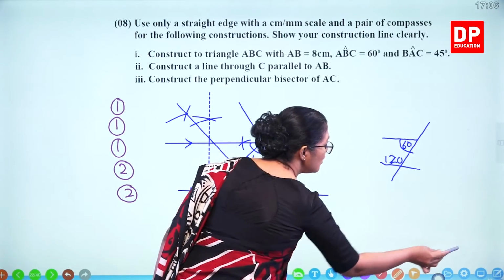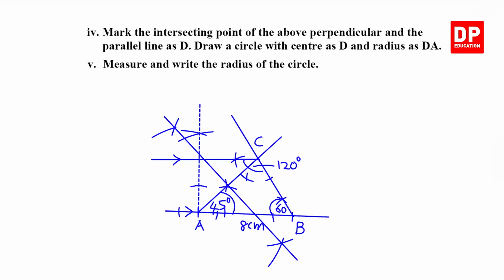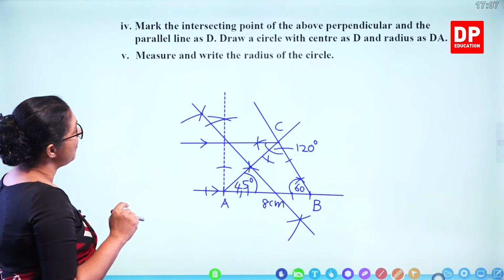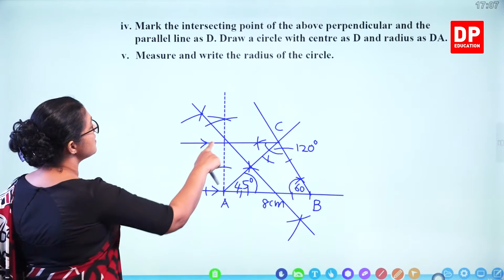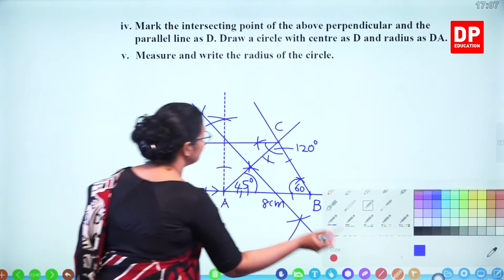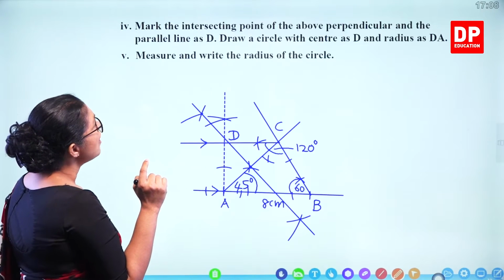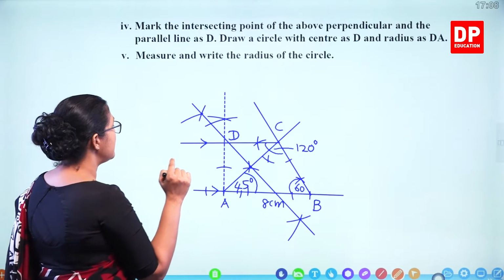And now we'll look at the next one. Mark the intersecting point of the above perpendicular and the parallel line as D. So this is D. And draw a circle with center D and radius DA.